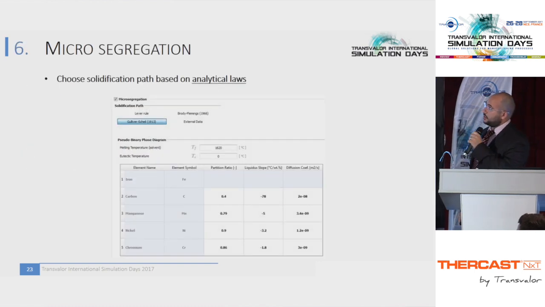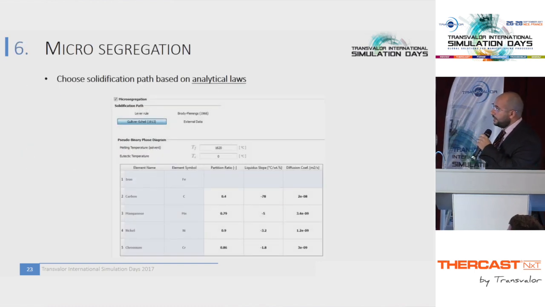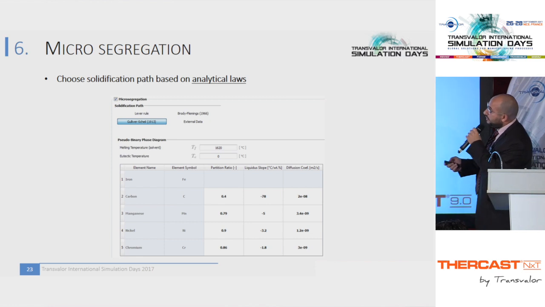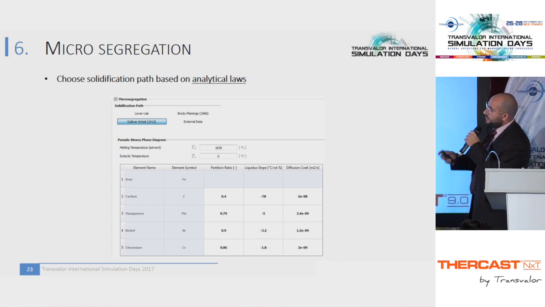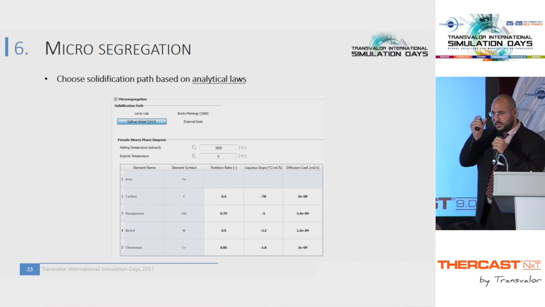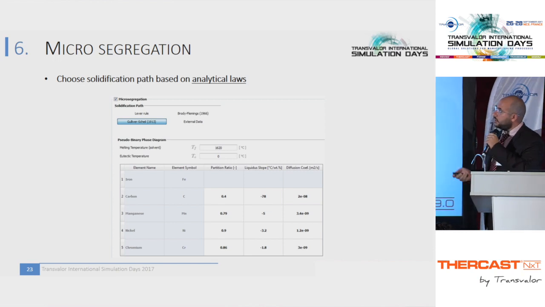First of all, I will start with the latest additions that were done on the parameters of segregation. What we are presenting here is the segregation tab. We had the microstructural tab, the macroscopic properties, and this is the segregation tab.